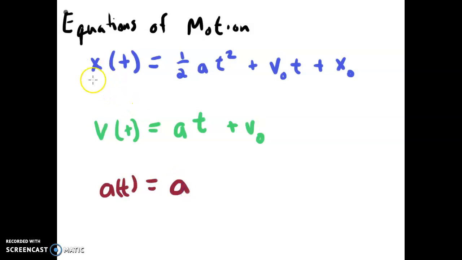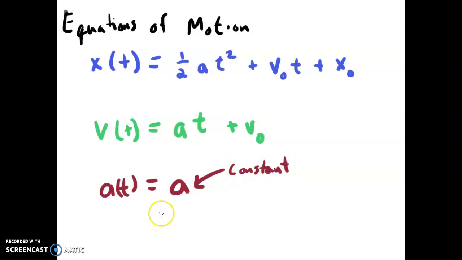So in this class, our equations of motion are always going to take these forms, right? They will never be any different. And that's not because equations of motion can't be any different. It's because in our class, the acceleration time equation of motion always has constant acceleration.